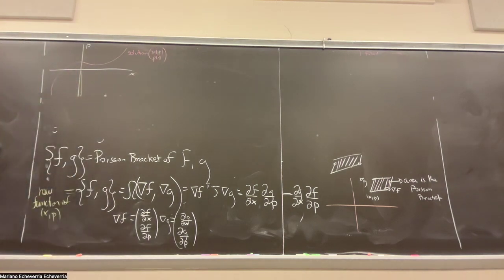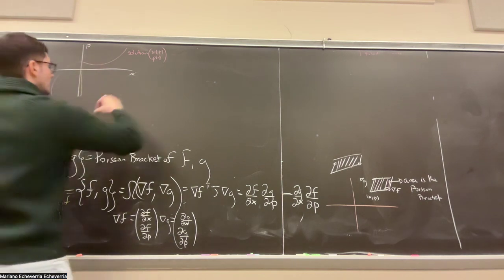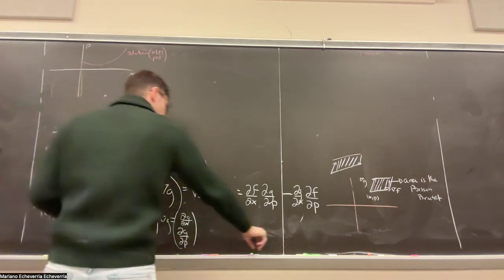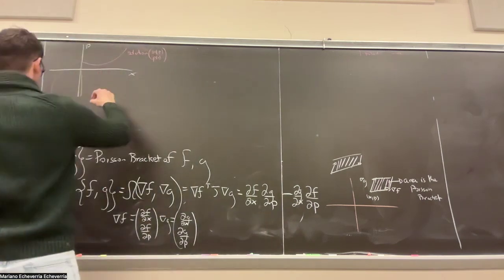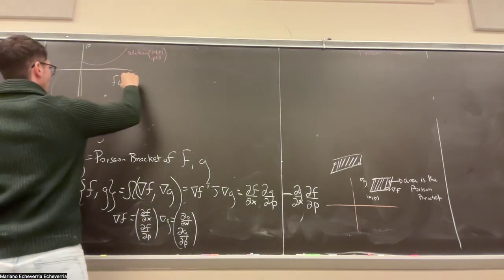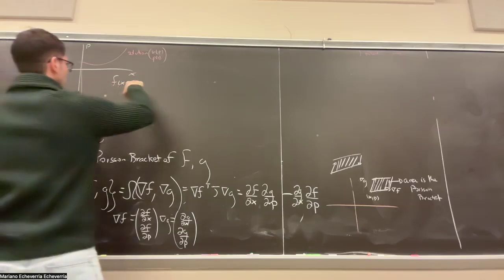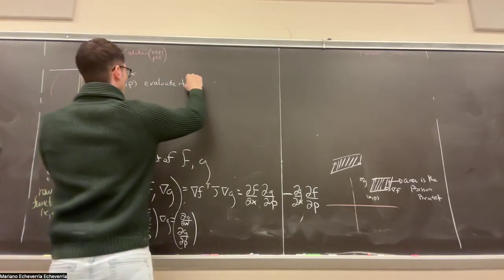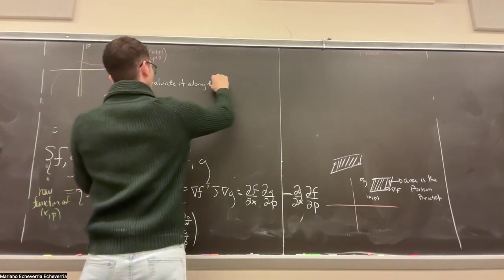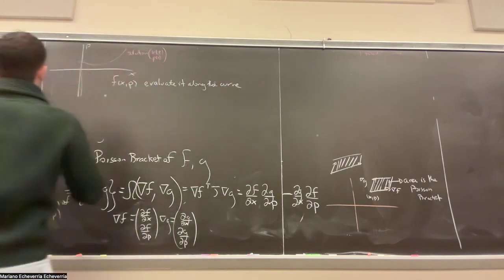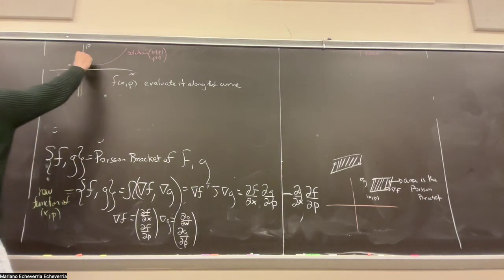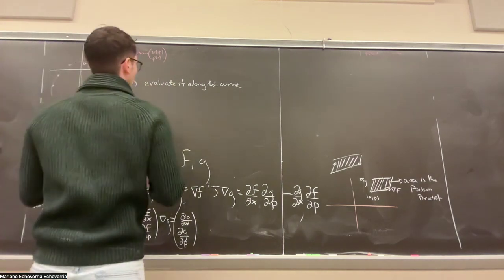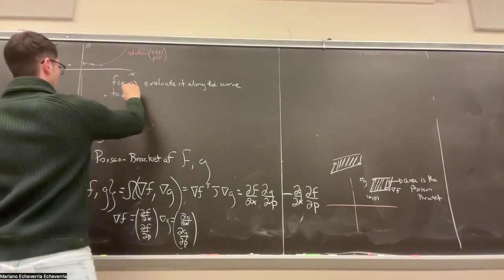If you have a function defined on phase space, you can evaluate this function along the solution. So if you have a function f of x and p, you can evaluate it along the curve, and its value will depend on t. So you get a function of t.